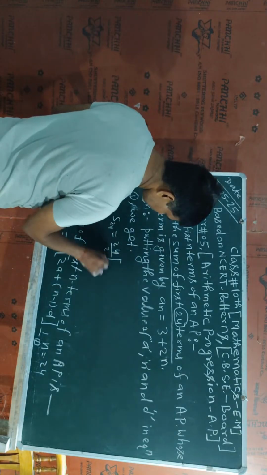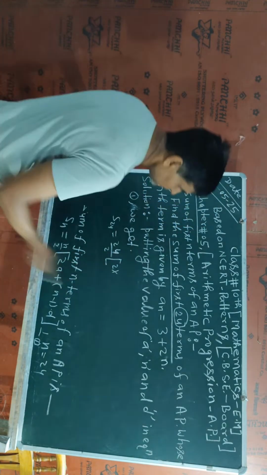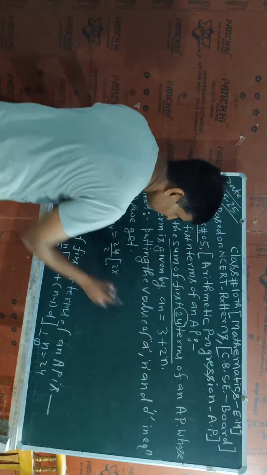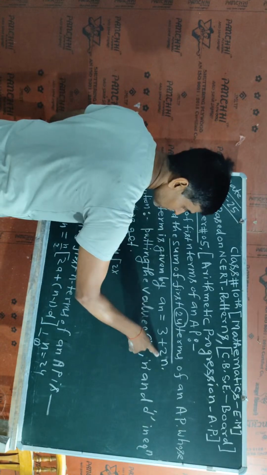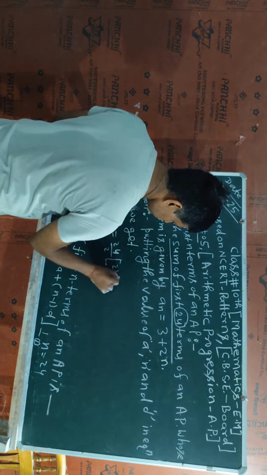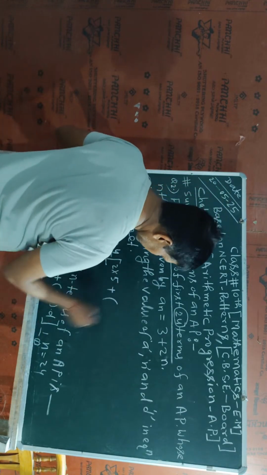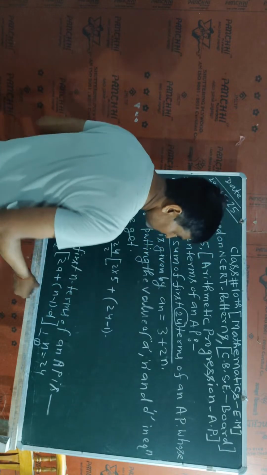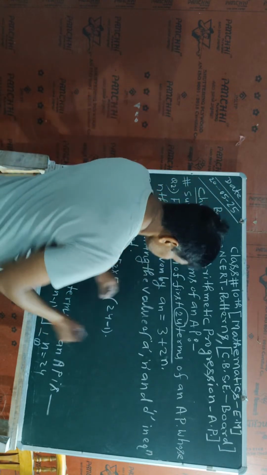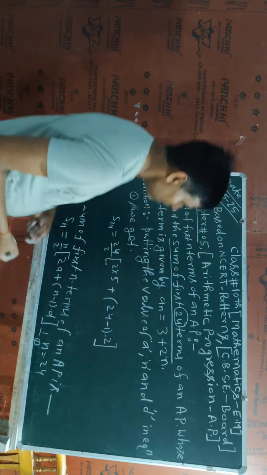In the bracket I write 2 into the value of a, the value of a is 5, plus, in the place of n, 24 minus 1, and in the place of d, after subtracting I have got the value of d, that is 2.